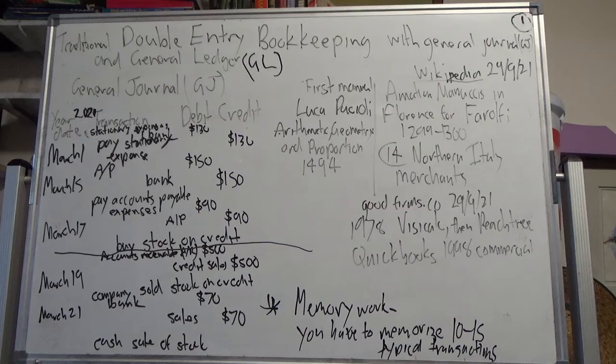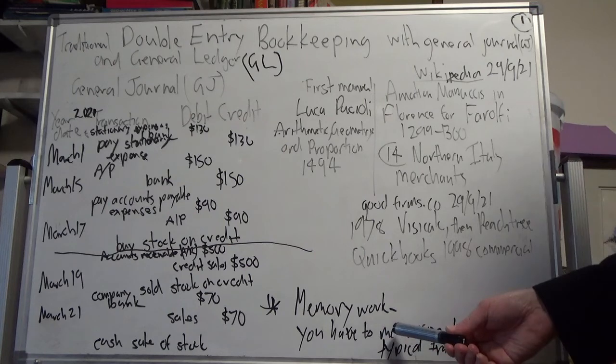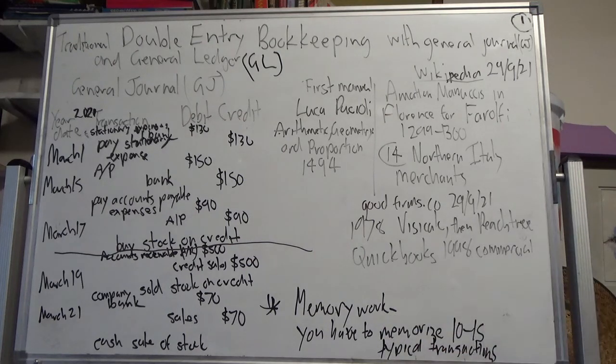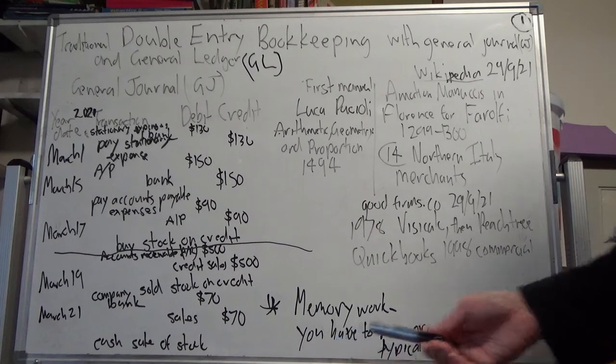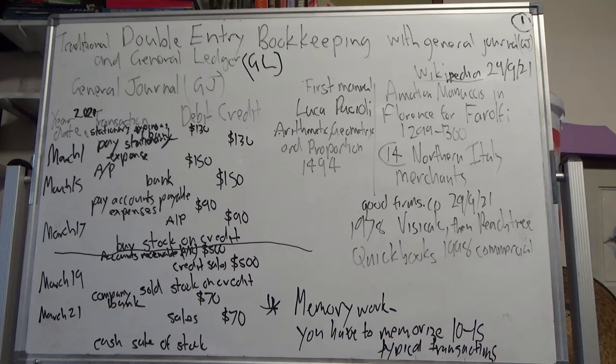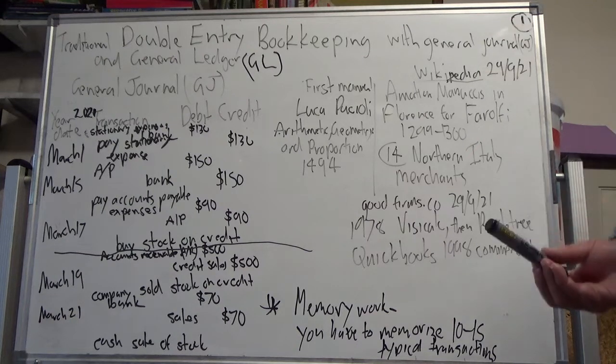So you're going to have to get used to which are debits and which are credit items to succeed in this. So there is a bit of memory work at the start for the rookie bookkeeper, accounting student, that you have to really memorize and be familiar with these General Journal entries, because they never vary.